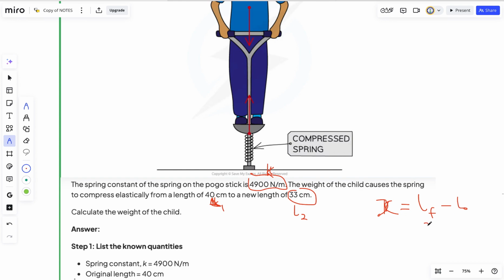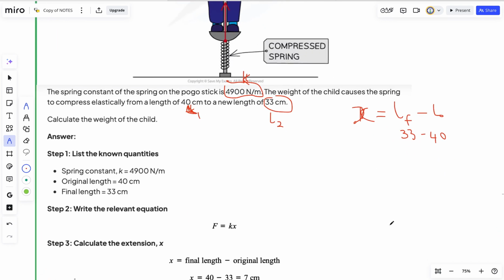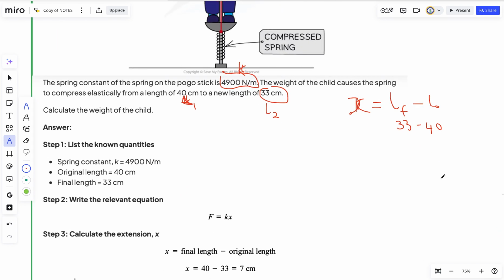So this will be 33 minus 40, right? From a length of this to a new length of this. So this will give us a negative number, negative 7, right? Or we say 40 minus 33, because in the extension we don't need to have a negative.